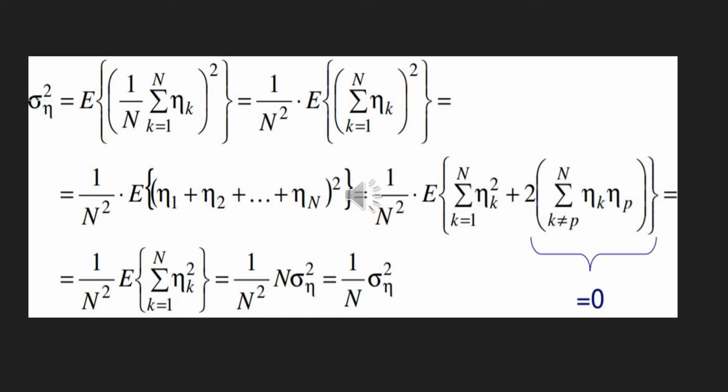Suppose the variance of the noise initially was sigma n, and the variance of the noise after the output of this algorithm is sigma n prime. Then we can clearly see from this slide that after averaging, the variance reduces by a factor of root n.